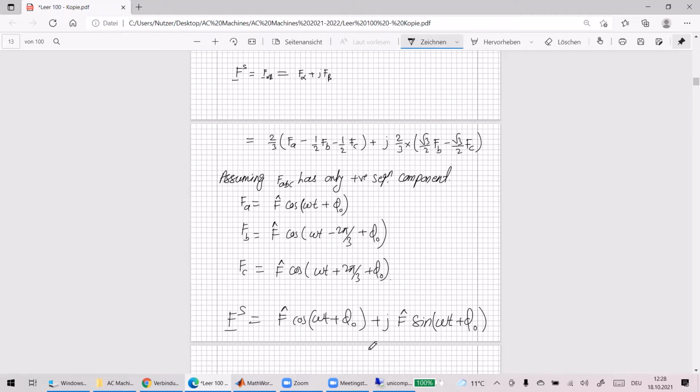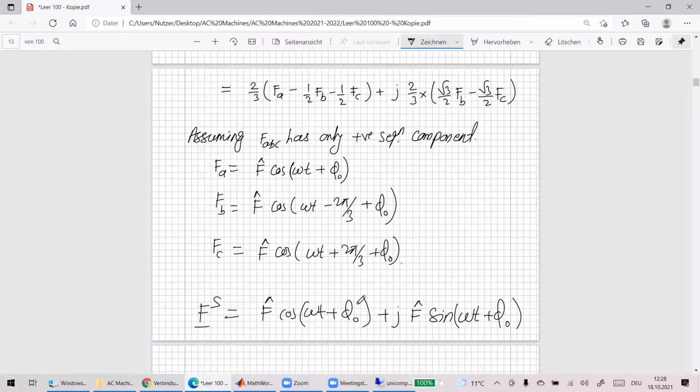This is one exercise for you. It is just some trigonometry, you have learned this in high school. Do it by yourself, and if you get stuck anywhere, you can come and ask. But you will get something like this.